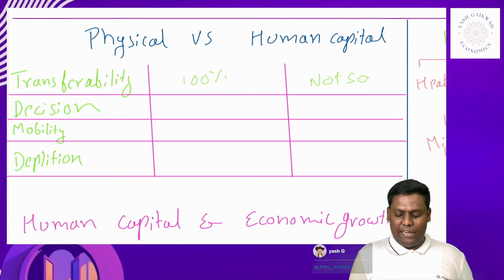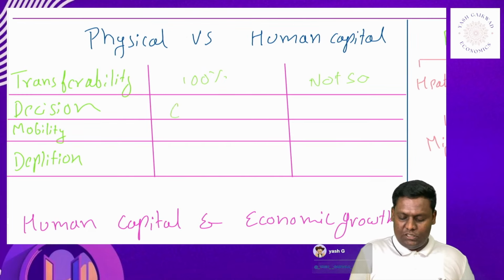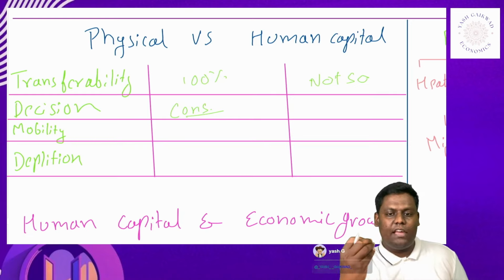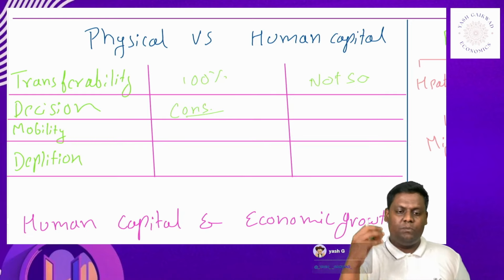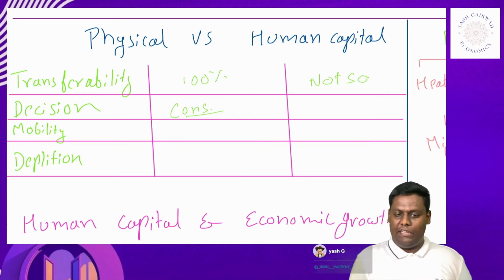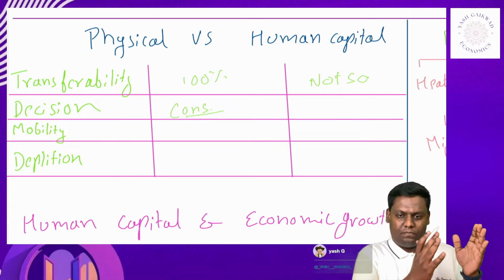Now, let us look at the decision. The decision to invest in physical capital is a conscious decision, as before investing in any equipment, any technology, or any sort of physical asset, you calculate the return on it. Let's say I'm buying this particular laptop.